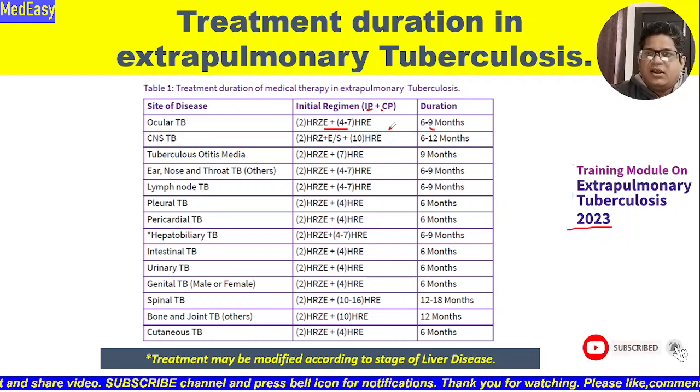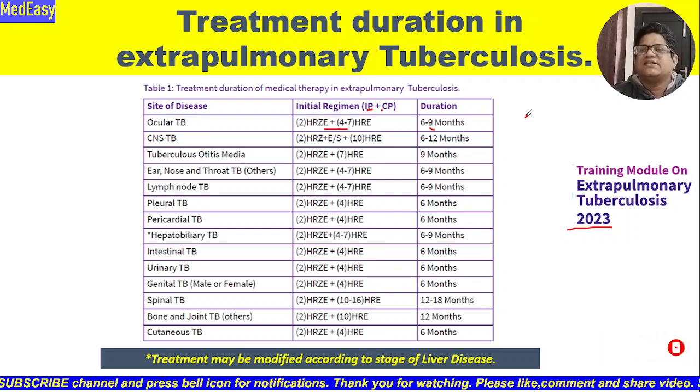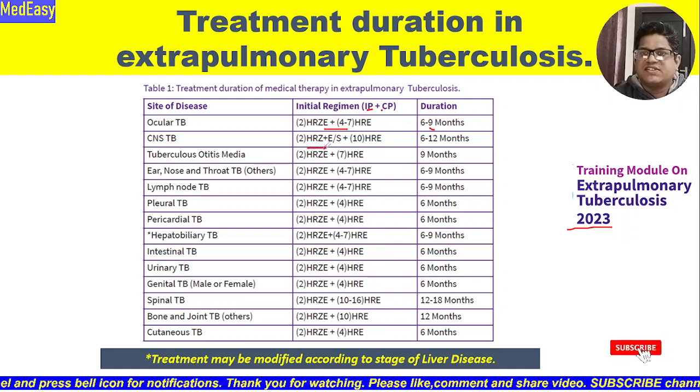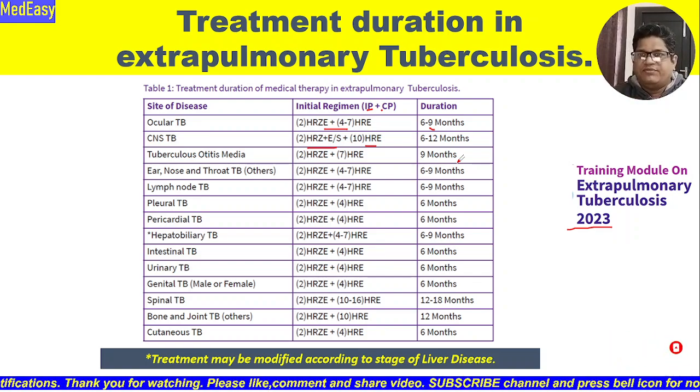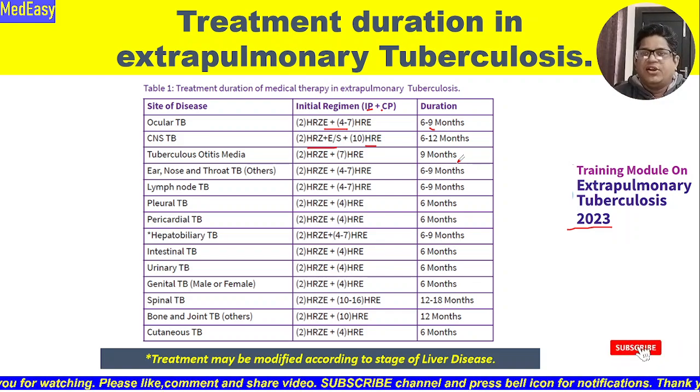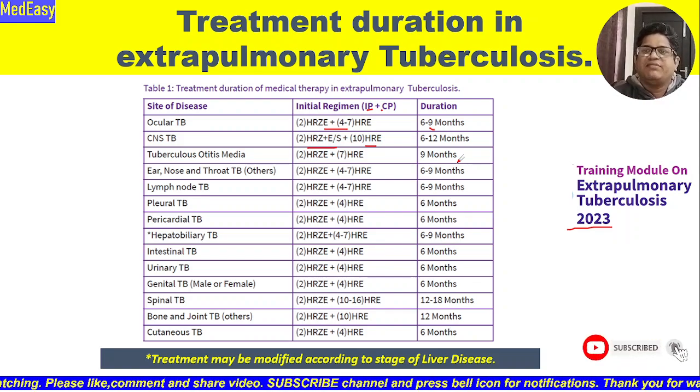The important point to know in this treatment duration is the patient who is tolerating all these first line drugs, and his treatment is going uneventfully. For example, he is taking his anti-tubercular drugs and he is tolerating them very well. Then this is the entire duration of treatment that we can offer to him.